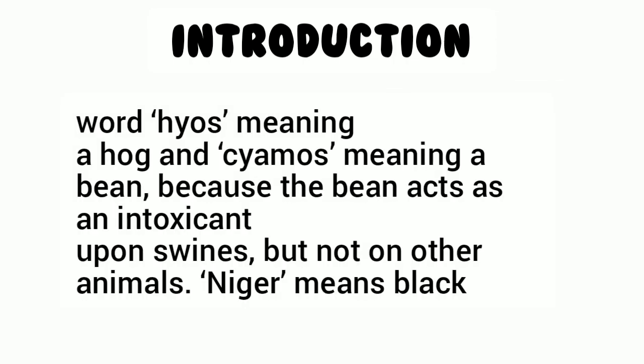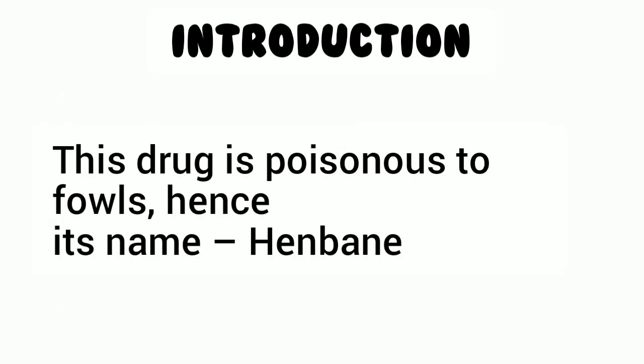The name Hyoscyamus is derived from the word hyos meaning a hog and cyamos meaning a bean, because the bean acts as an intoxicant upon swine but not on other animals. Niger means black. The inner side of the flowers is purplish black in color.